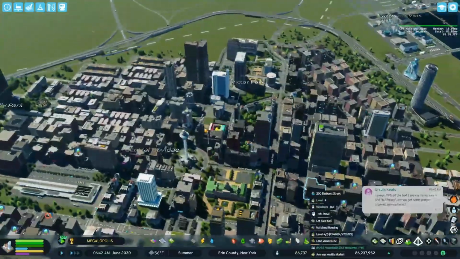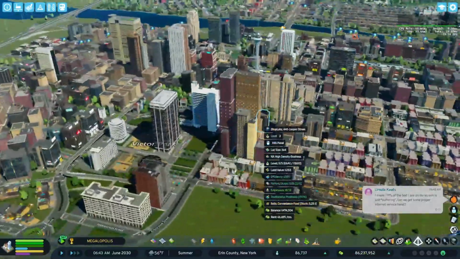Now from here, we have a couple of extra things we've got to do. We have to, of course, formalize our skyline.